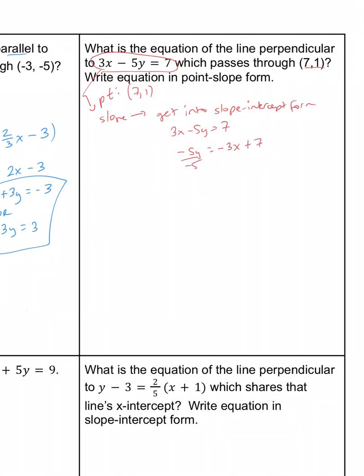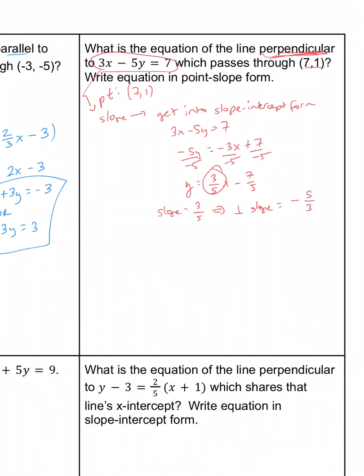I'm going to divide everything by -5. That's going to give me 3/5 x minus 7/5. So the slope of this line is 3/5, but I wanted perpendicular slope. And remember, perpendicular is opposite sign, flip the fraction. So that means my perpendicular slope is -5/3.